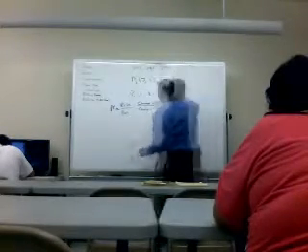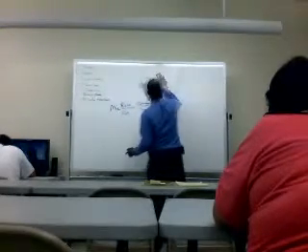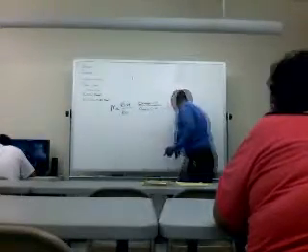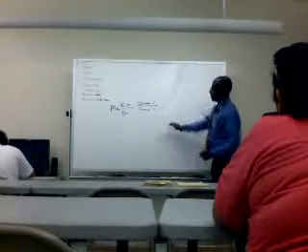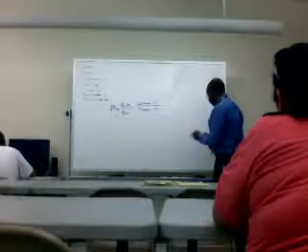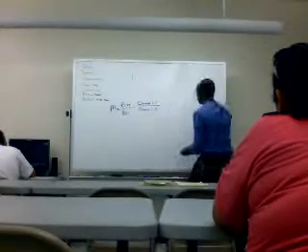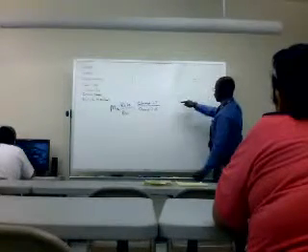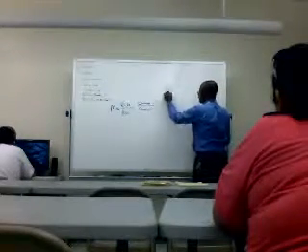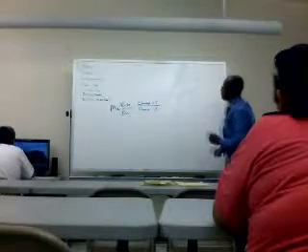So when we look at slopes, we look at the change, the vertical, and the change in the horizontal. If we were to look at a line like this, we look at the change in y, this distance, over the change in x, that distance. So that's why slope is that way.